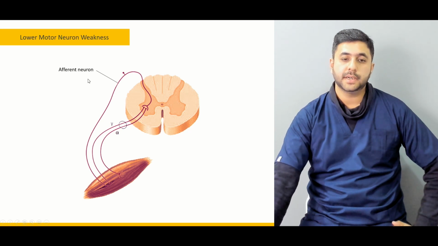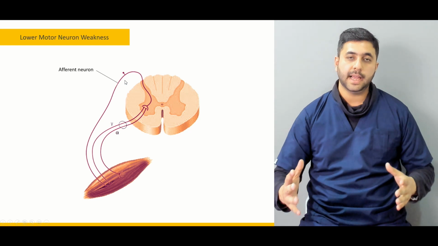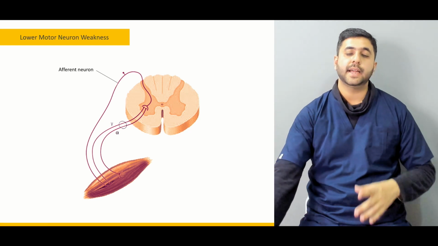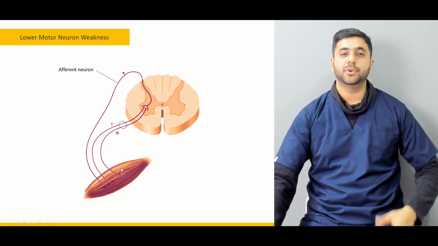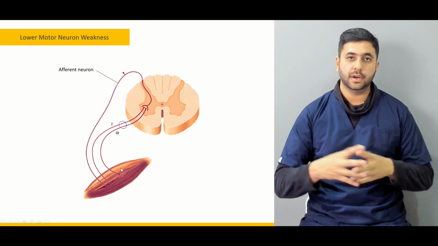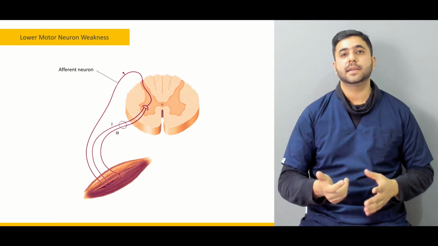This stretch is transmitted by the afferent neurons to the anterior part of the spinal cord. The anterior horn cells sense the stretching of the muscle, and to counter that stretching, they fire the alpha and gamma motor neurons. With the help of alpha motor neurons, the muscle contracts or shortens. And this is the classical reflex which we have.